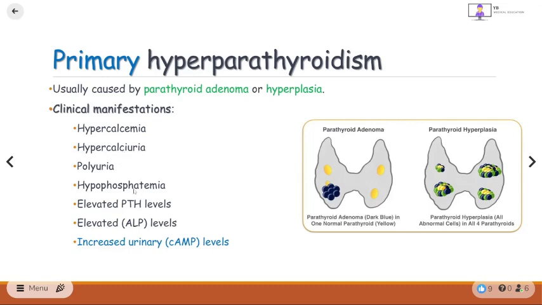You get hypophosphatemia as well, elevated PTH levels, and increased urinary cAMP levels. This is important because high levels of PTH mean increased function of the parathyroid hormone receptor, leading to high cyclic AMP levels.